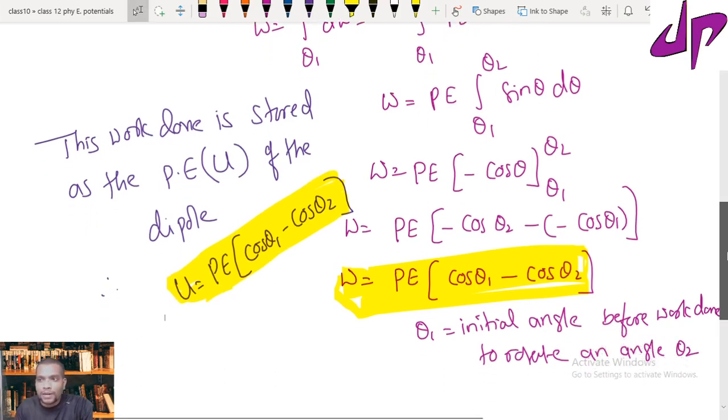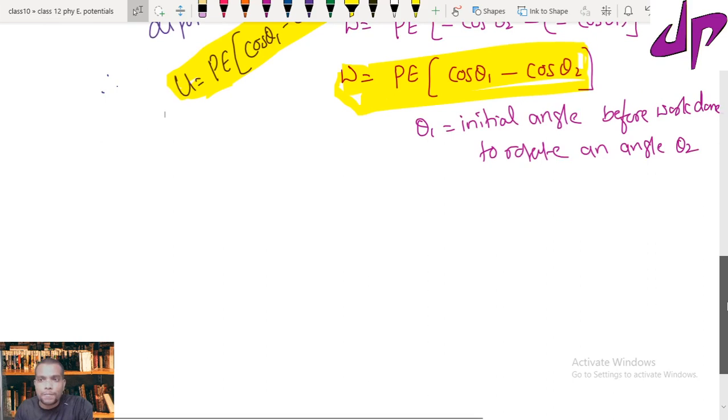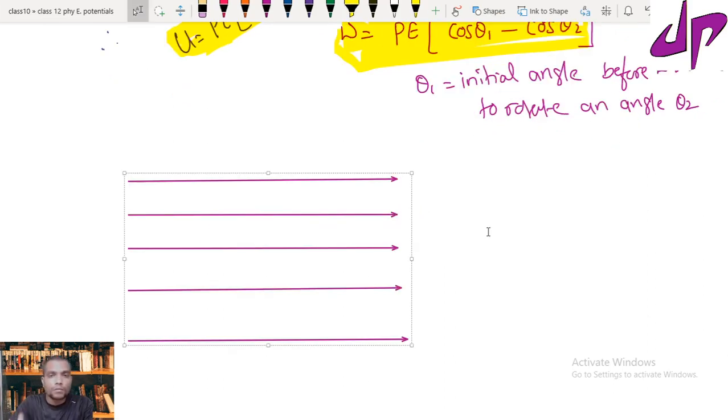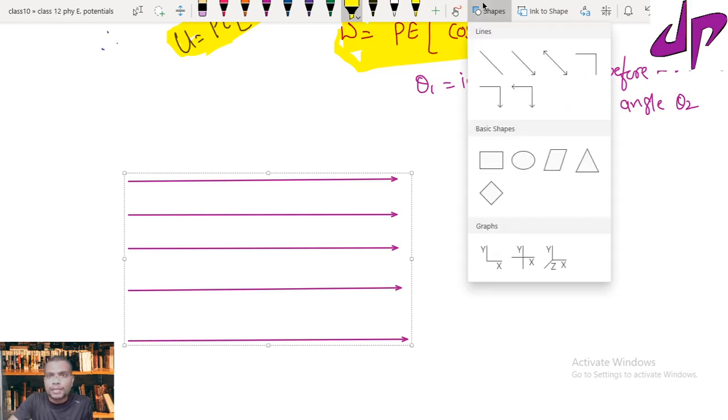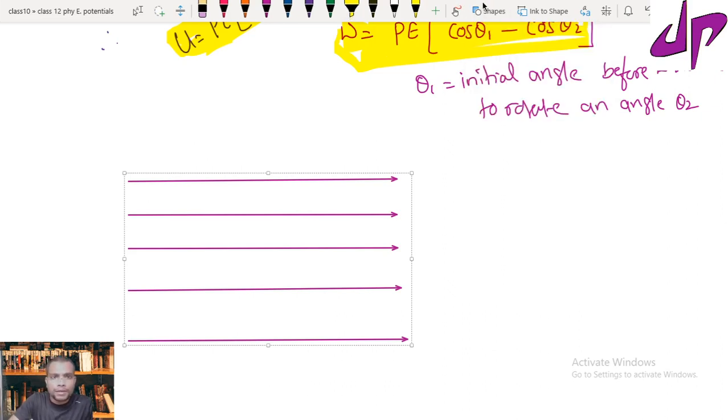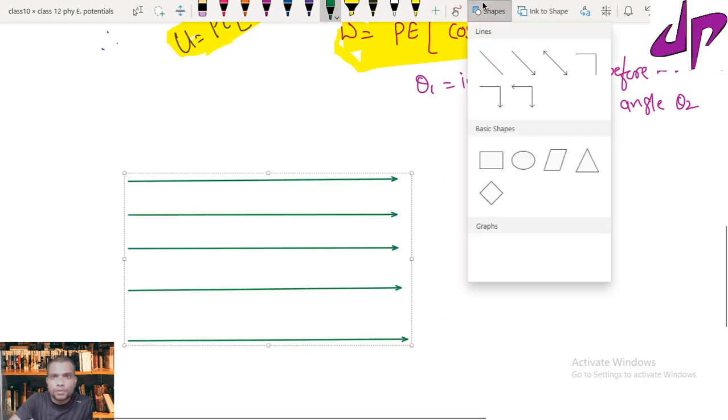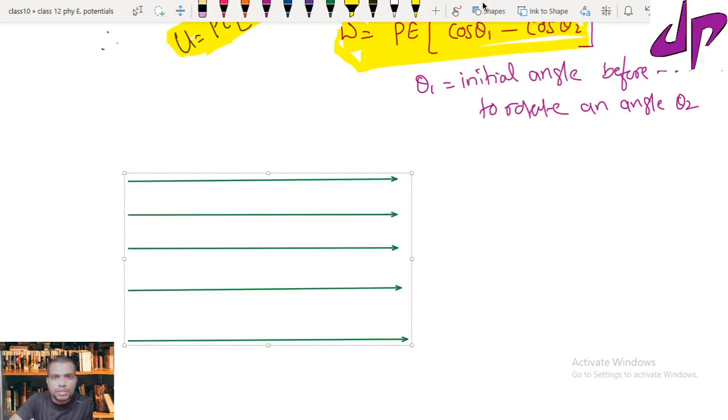Now, for better understanding, let us take a case. That case is, initially the electric dipole is making an angle of 90 degrees. Suppose we take an electric dipole at an angle of 90 degrees, so initially it is making an angle of 90 degrees.